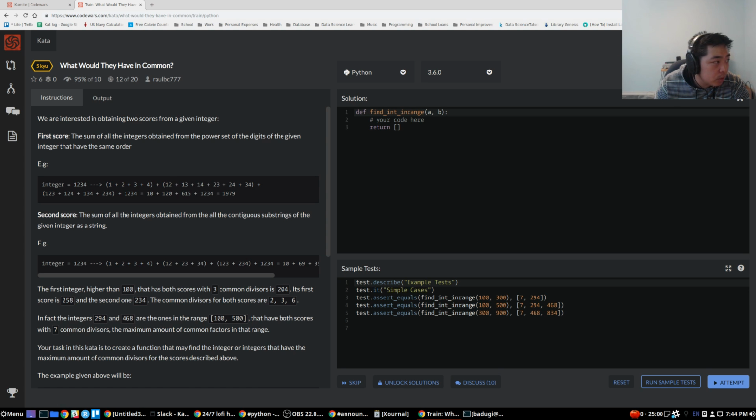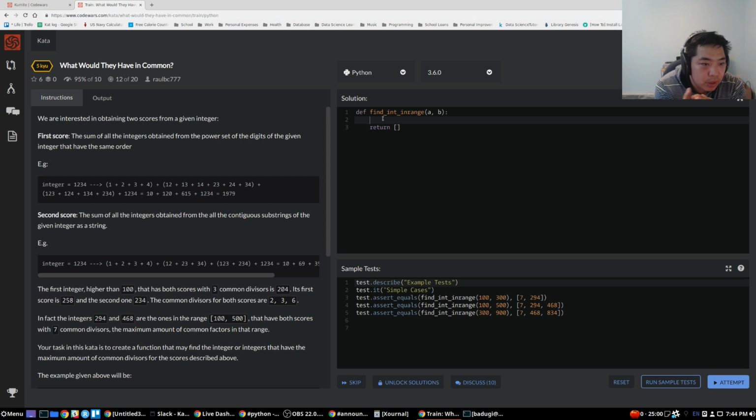We are interested in obtaining 2 scores from a given integer.